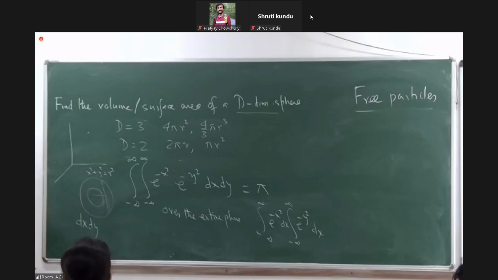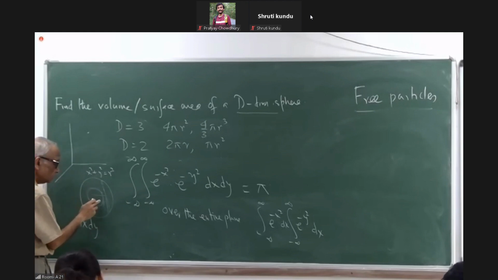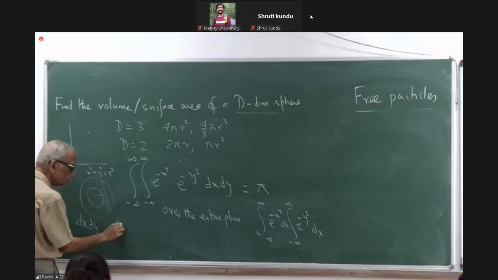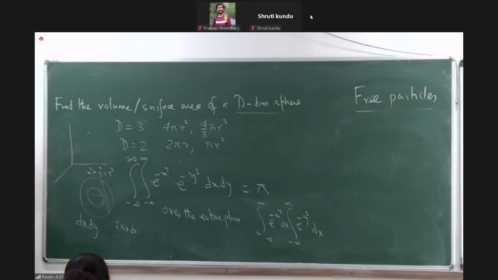It's trivial over here because you know that this circular strip, this area is 2 pi r times dr, right?